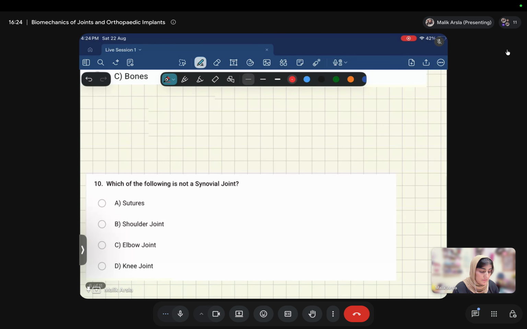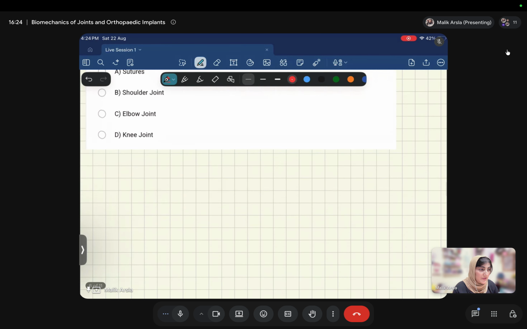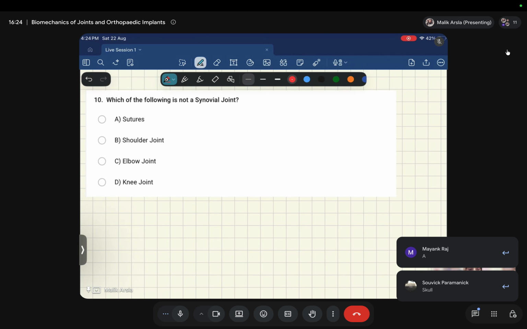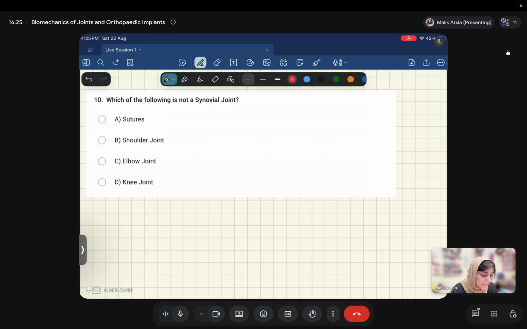Yeah, so which of the following is not a synovial joint? A, sutures. Okay, so you know where these sutures are present? These kinds of joints are mainly present between the bones of the skull. We just saw in the previous question also that in case of the skull the least movement is required.